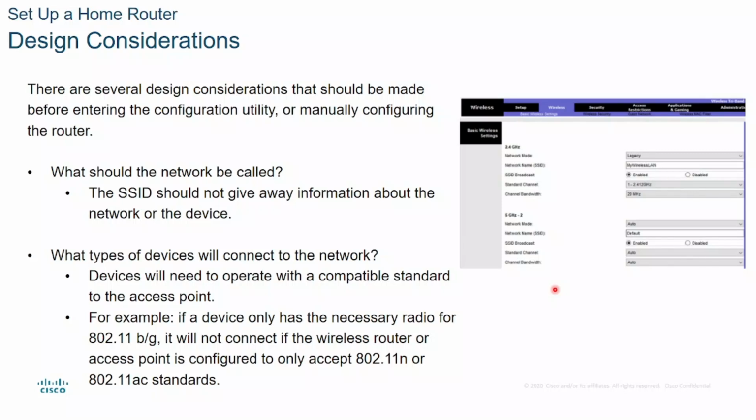Devices will need to operate with a compatible standard to the access point. For example, if a device only has the necessary radio for 802.11b or 802.11g, it will not connect to a wireless router or access point if the configuration only accepts 802.11n or 802.11a or c standards.